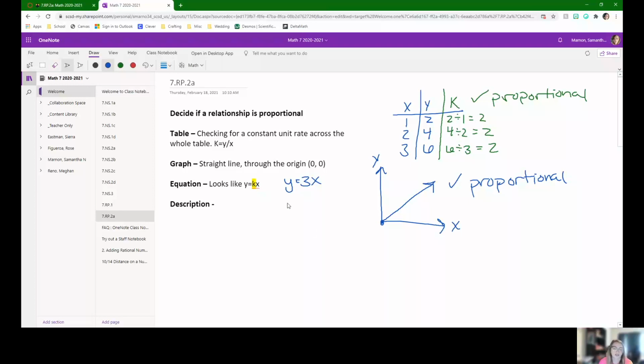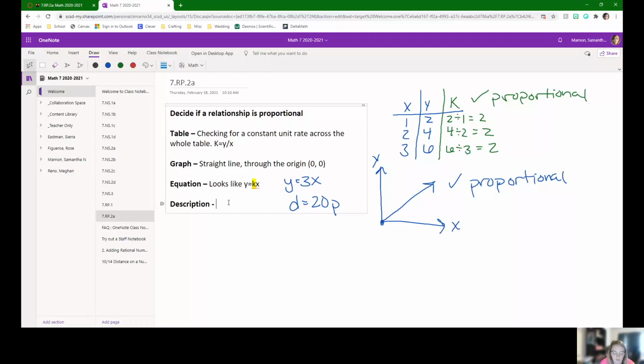That's a proportional equation. They can swap out the variables and use different letters. They can do d equals 20p. That's still proportional, as long as they're not adding or subtracting or doing anything weird. Proportional equations.